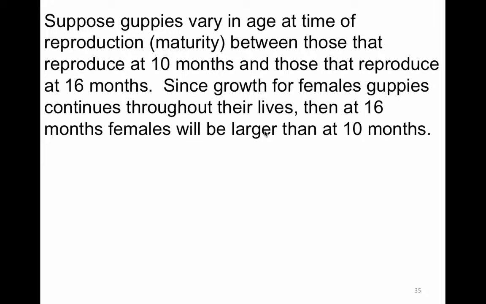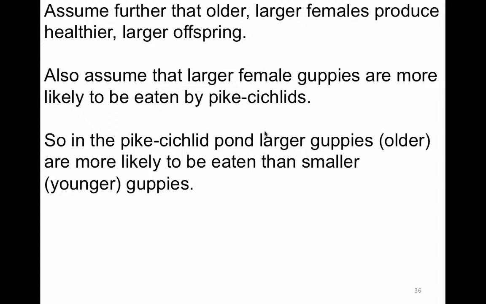Suppose guppies vary in age at time of reproduction between those that reproduce at 10 months and those that reproduce at 16 months. Since growth for female guppies continues throughout their lives, then at 16 months, females will be larger than at 10 months. Assume further that older, larger females produce healthier, larger offspring.